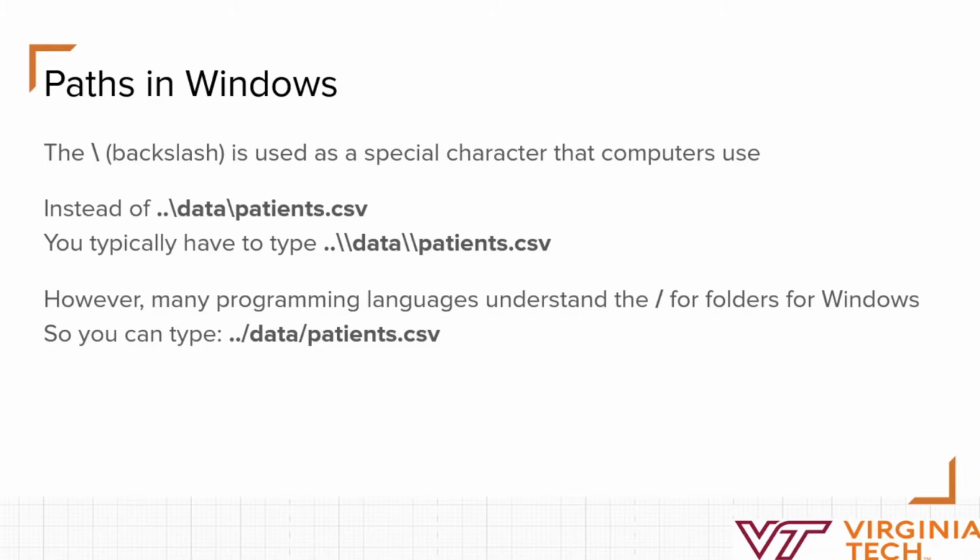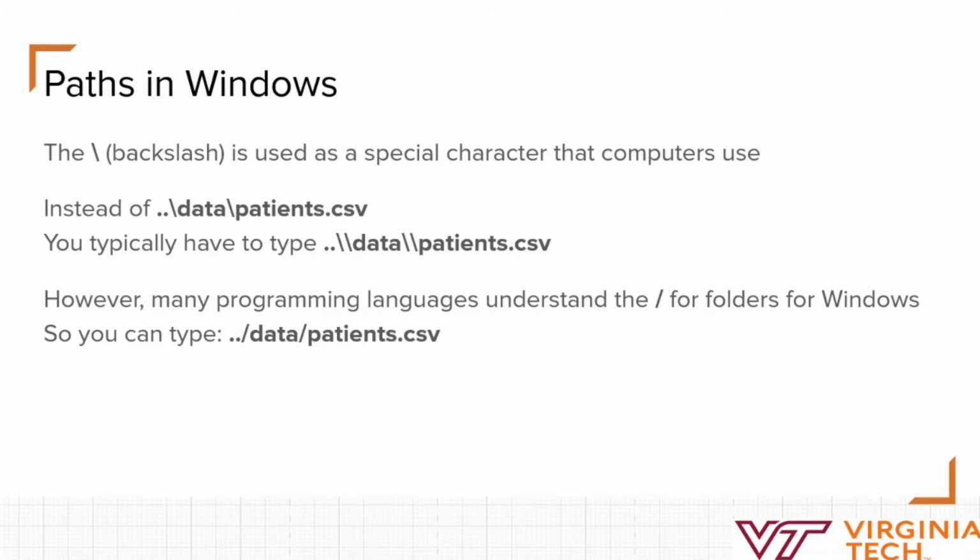Or you can use the /, which is the same key that is to the left of the right shift key, which is also the same key as the question mark, if you're on a US keyboard or whatever, the QWERTY-ish keyboard. This swapping of the two slashes in Windows works in R. You might get some mileage with other programming languages.